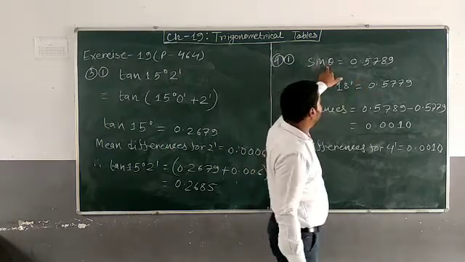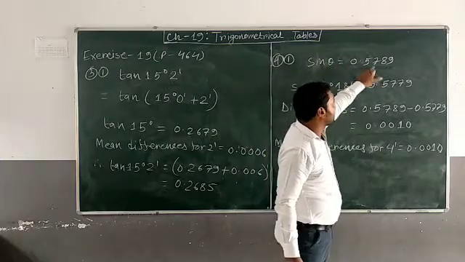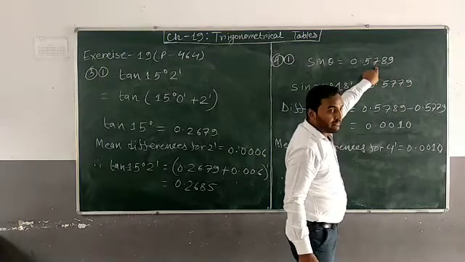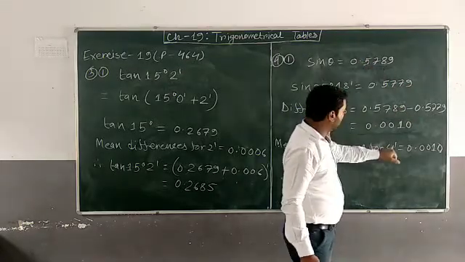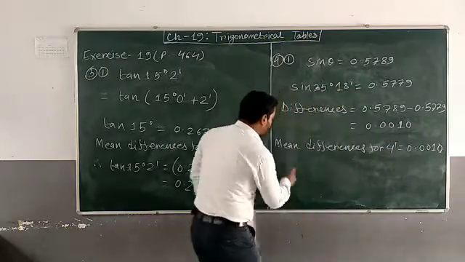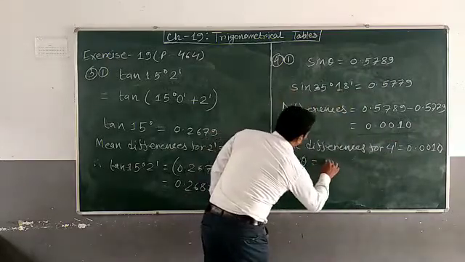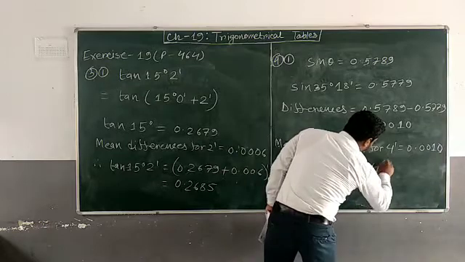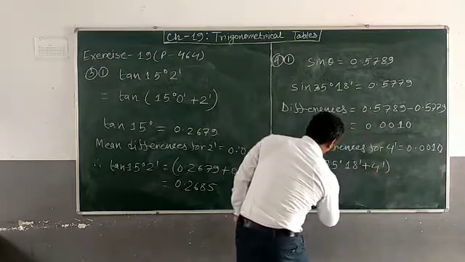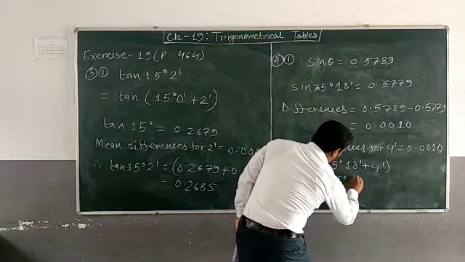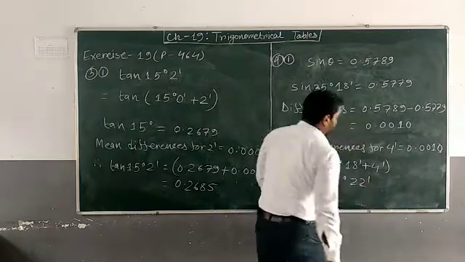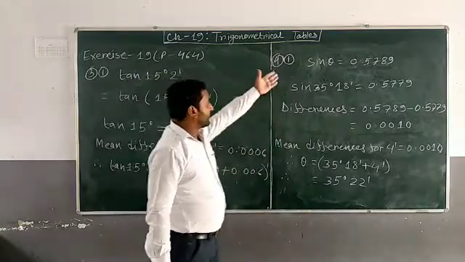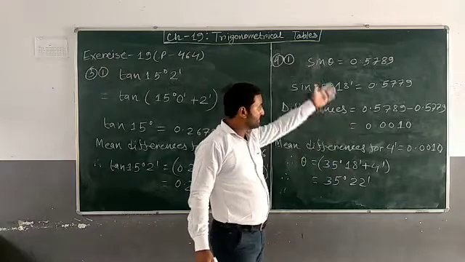When theta increases, this increases; when theta decreases, this decreases. Therefore theta equals 35 degree 18 minutes plus 4 minutes, that is equal to 35 degree 22 minutes.